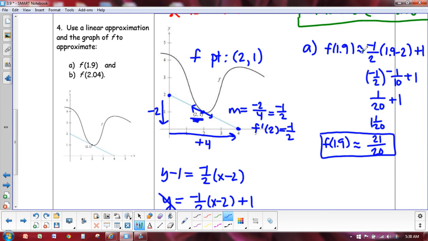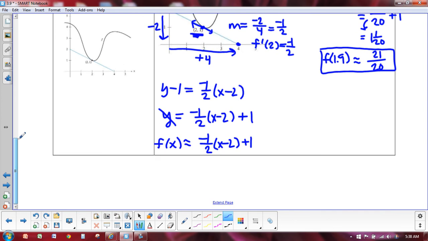And then we need to approximate 2.04. So f of 2.04 is approximately equal to negative a half. And when you take 2.04 and you take off 2, you would get 0.04. And then we need to add 1. If I'm doing it by hand, I'm going to switch over to fractions.